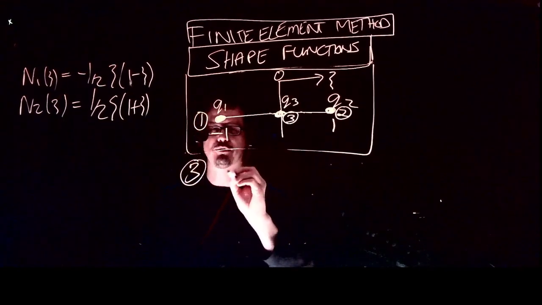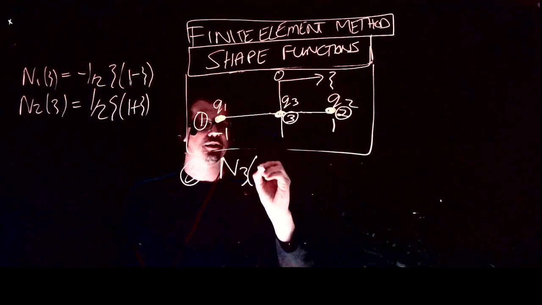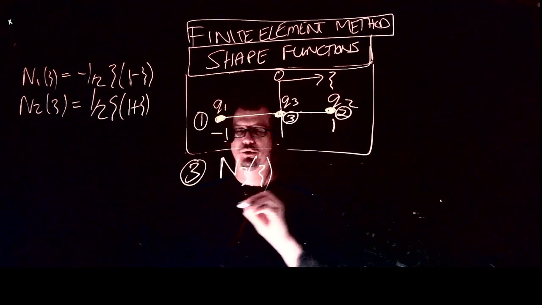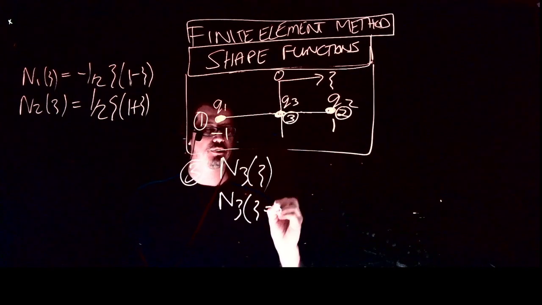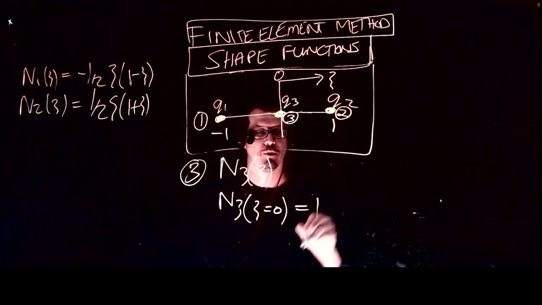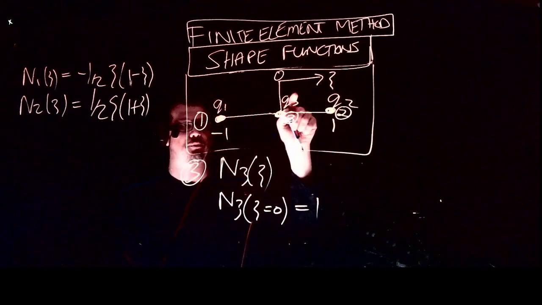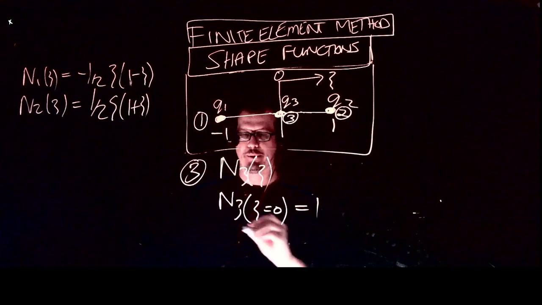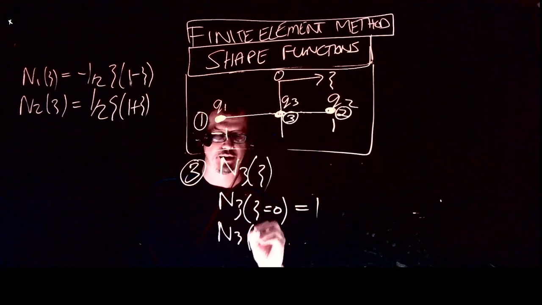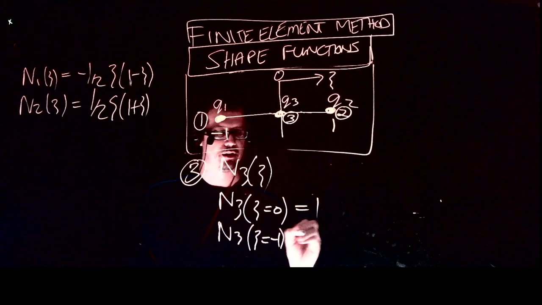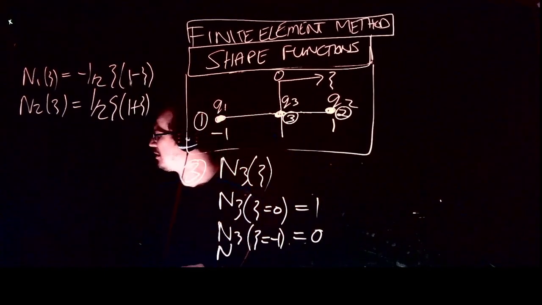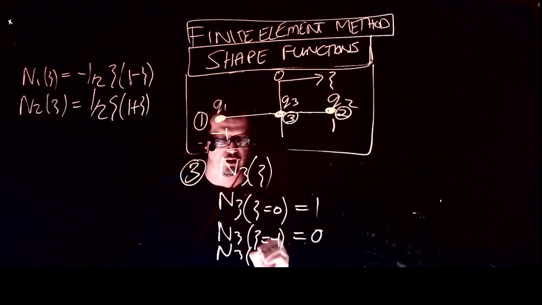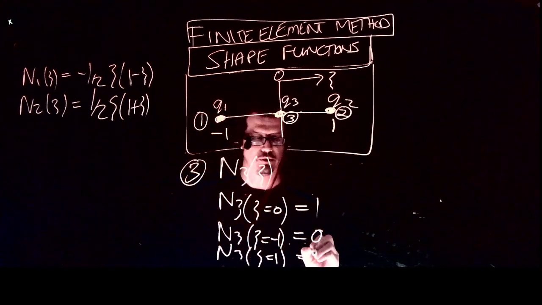Node 3's contribution, so let's look at N3 of psi. I want to make sure that when I evaluate N3 at psi equals 0, I recover a 1, because there's only a contribution of Q3 at this node. I want to make sure that N3 evaluated at psi equals minus 1 evaluates to 0, and N3 at psi equals 1 evaluates to 0.